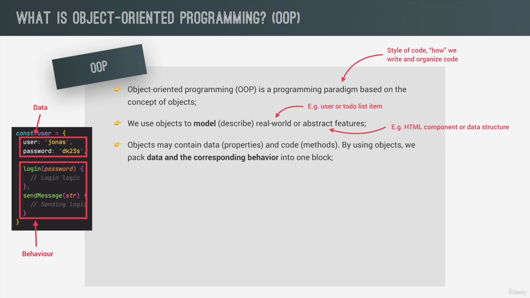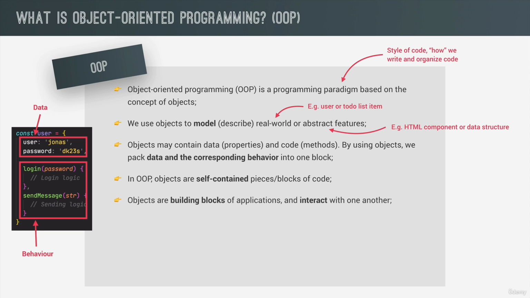So in OOP, which is the acronym that I'm going to use instead of object-oriented programming. Okay, so in OOP, objects are self-contained pieces of code or blocks of code, like small applications on their own. And we then use these objects as building blocks of our applications and make objects interact with one another.